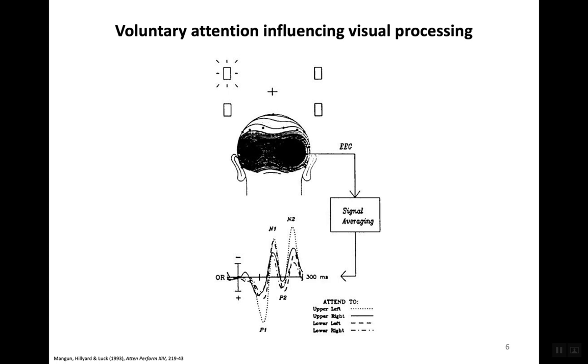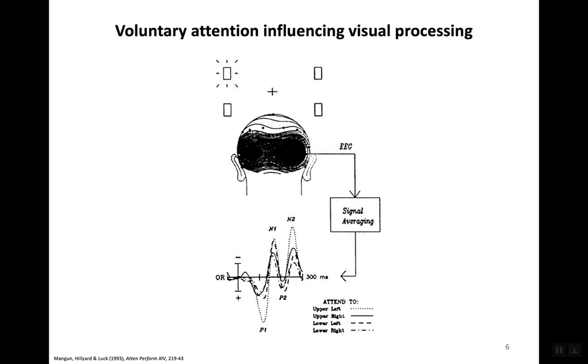So if the participant is attending, let's say, the other side of the visual field, so let's say right instead of left, or the bottom instead of up, what we see is a reduced amplitude in relation to what happens if the participant pays attention to that stimulus.